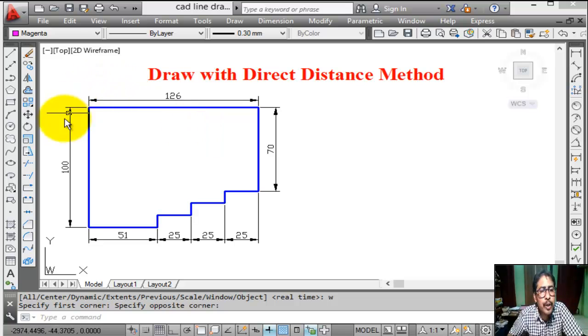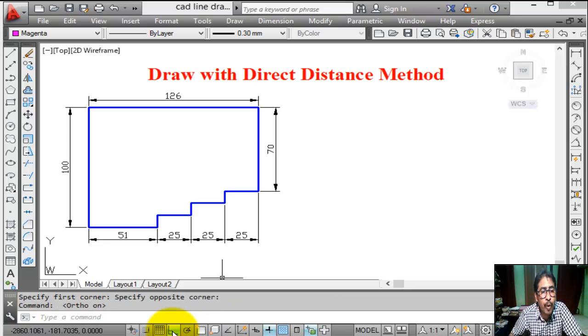Now we draw this drawing with the direct distance method. In the direct distance method, we only draw horizontal and vertical lines. For the direct distance method, we turn on the ortho mode, this is the ortho mode.